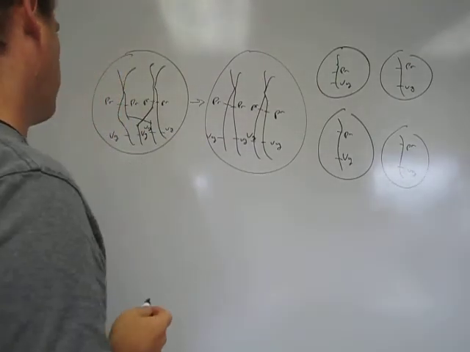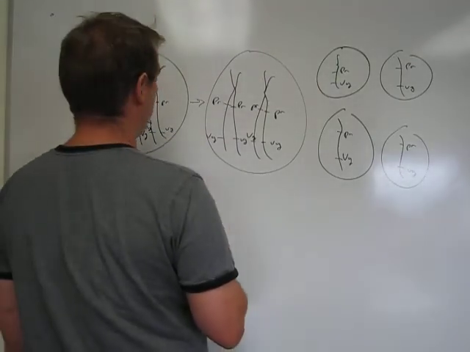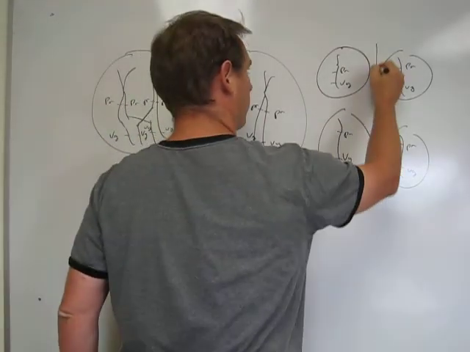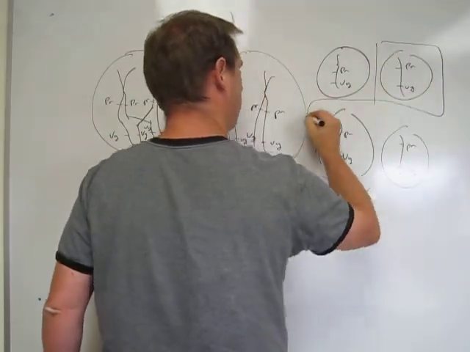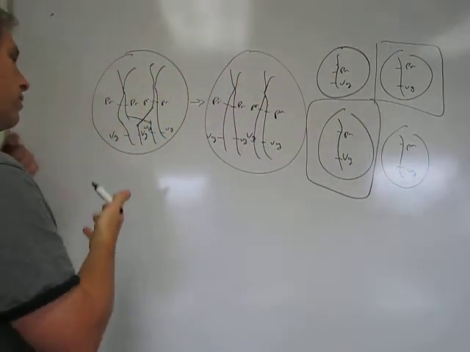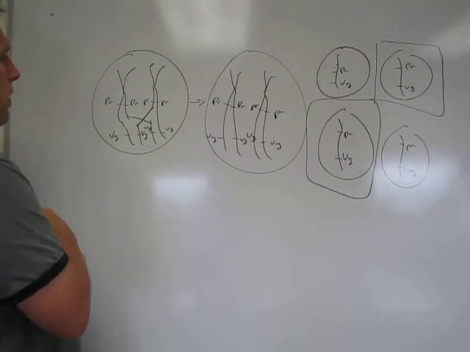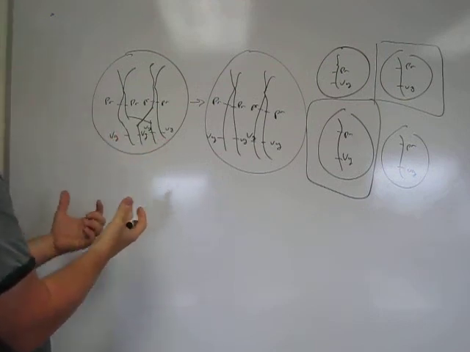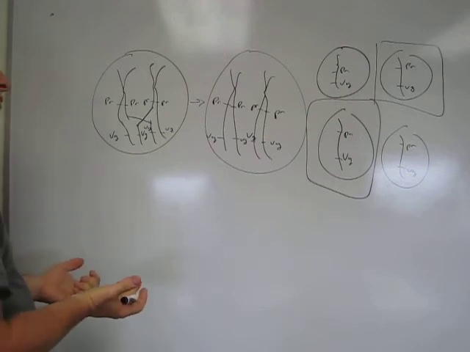Now, what's important here is you had one meiosis, one crossover here, and half the products are recombinant. So this is a recombinant, and this one here is a recombinant. Now, the frequency at which this occurs: suppose, for example, in the case of purple and vestigial, we said that they're 10 centimorgans apart.